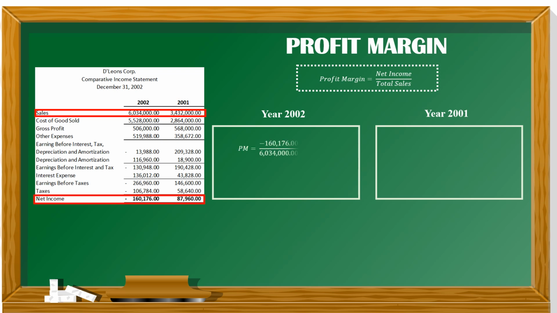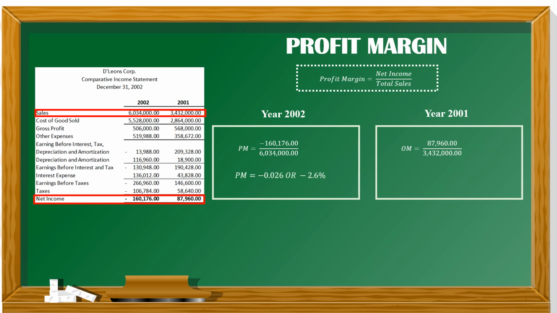For 2002, the profit margin is equal to its negative 160,176 net income, or shall I say net loss, divided by the total sales of 6,034,000. And then in 2001, it has a net income of 87,960 divided by the total sales of 3,432,000.